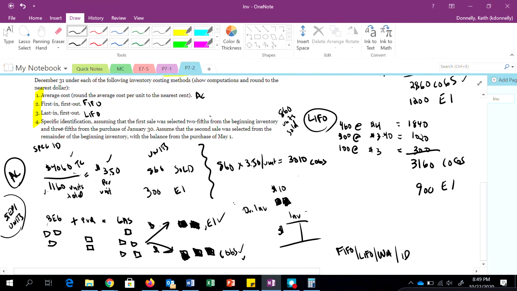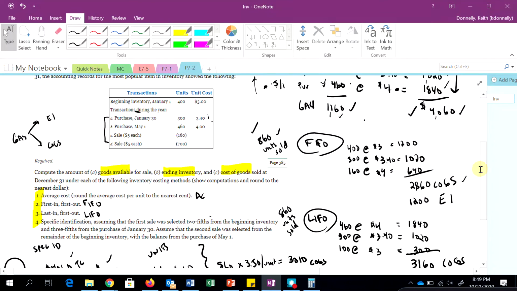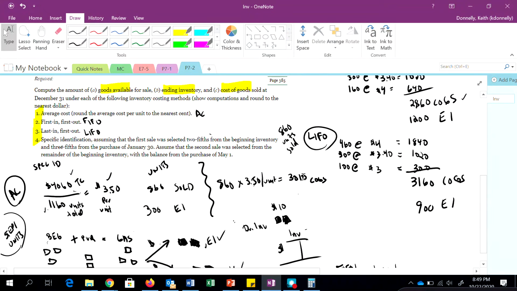One way we could do this is take the 4060 up here minus the cost of goods sold to get our ending inventory. Or alternatively, we had 300 in ending inventory at, on average, $3.50 per unit.